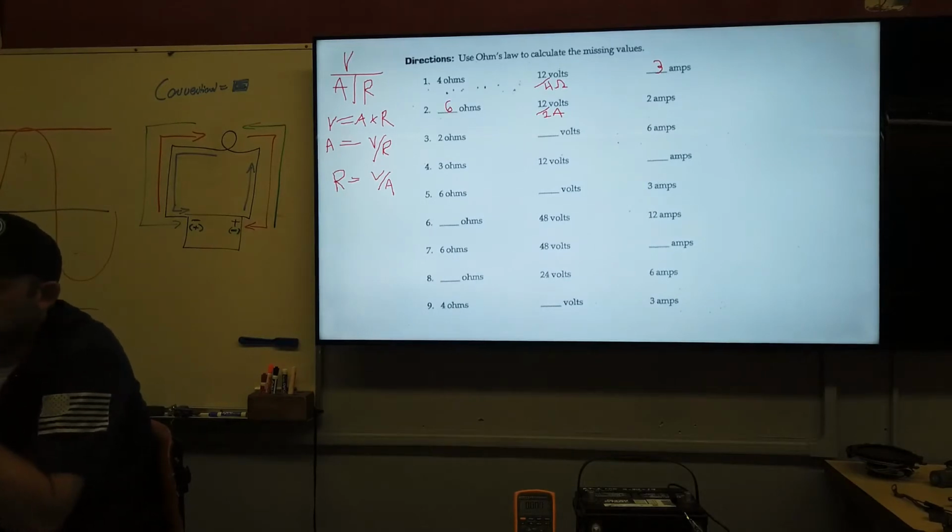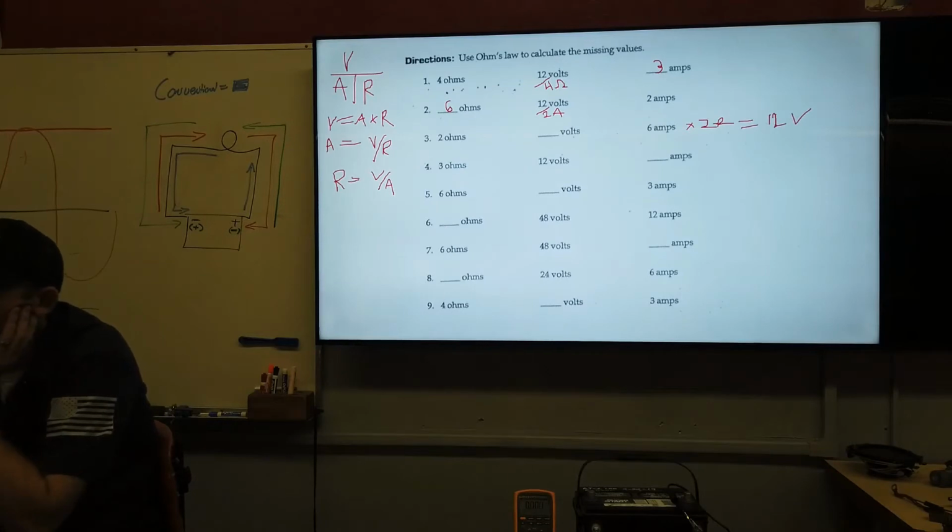If my voltage were unknown, then I would use the formula amperage times resistance. So if I had 6 amps times 2 ohms, that would give me 12 volts.